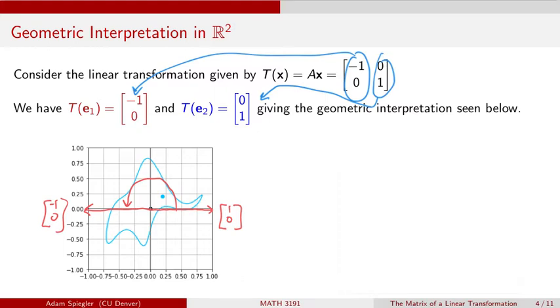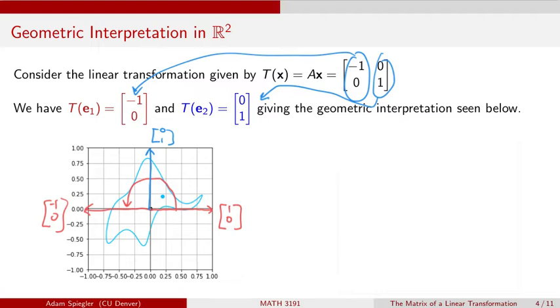Whereas standard vector 2, which is 0, 1, is not going to get mapped anywhere. So in this case, for each of these vectors, we're going to change the sign of the x-coordinate, or the first entry of the vector, and we're not going to do anything to the y-coordinate of the point in R2.